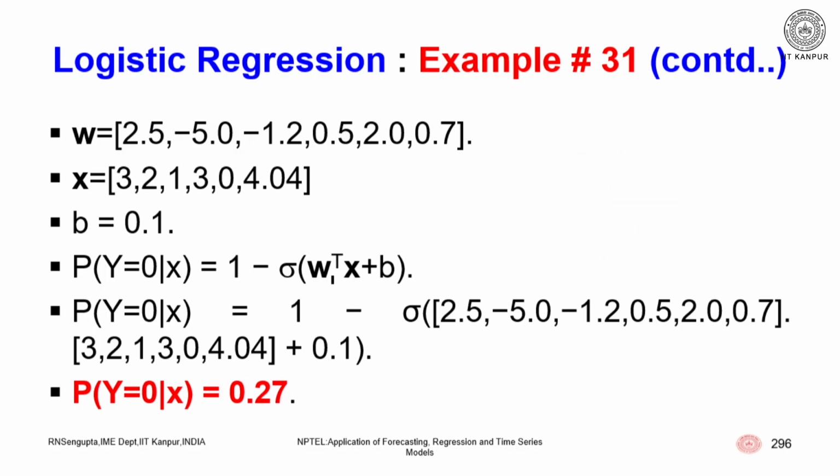When I use the same weights and b for the probability of y equal to 0, it is 1 minus the sigma function, and the value comes out to be 0.27. The probabilities of y equal to 1 plus y equal to 0 should sum to 1, and 0.73 plus 0.27 comes out to 1. It is a binary classification. If you have more than 2 classes, obviously the sum should add up to 1 there also.